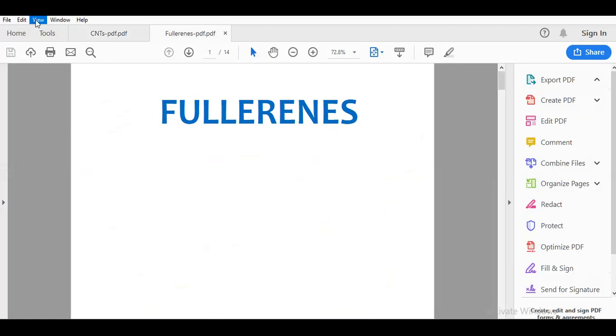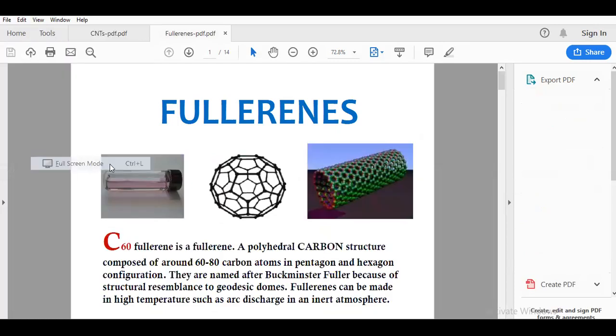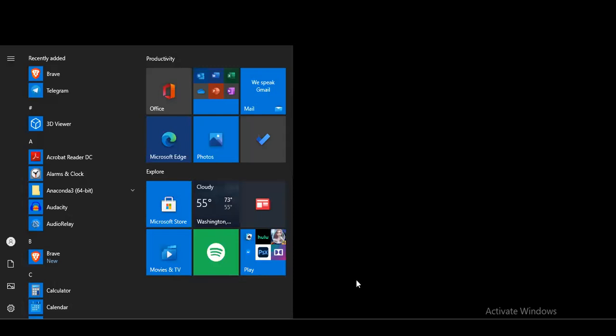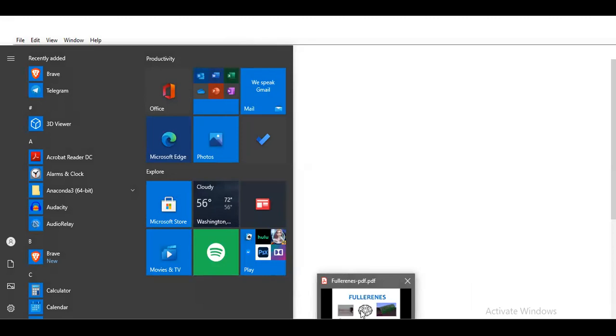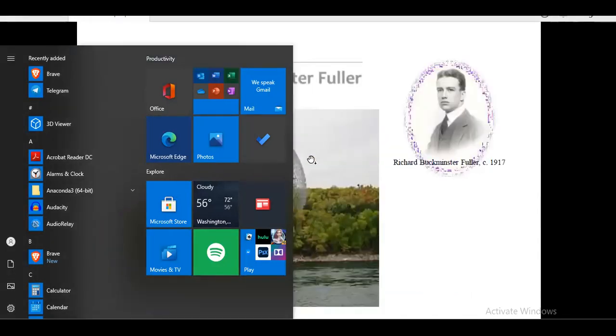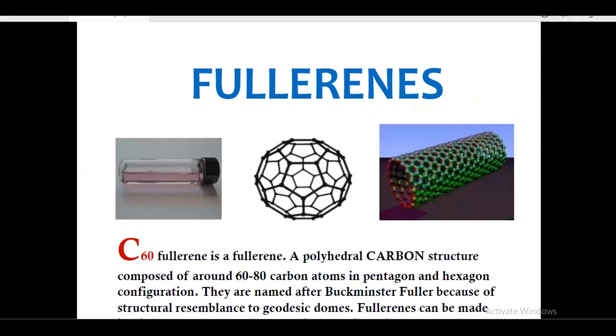It's hanging in between. It's taking a lot of time. Yeah, we're ready.